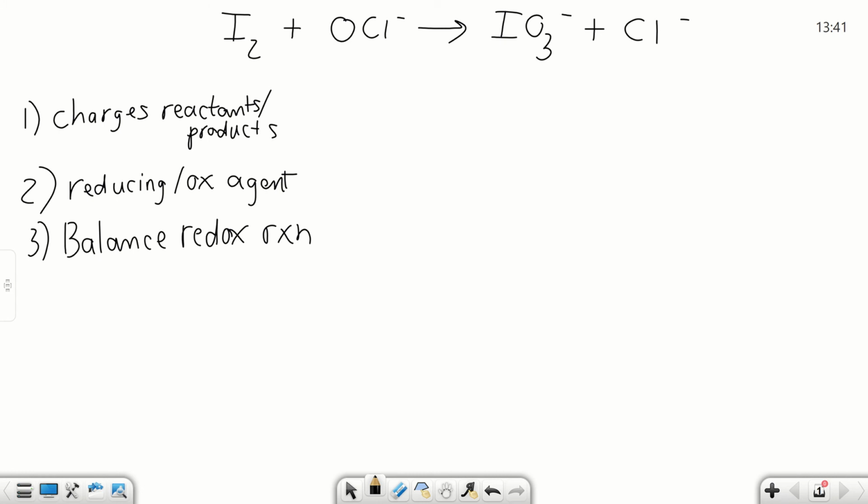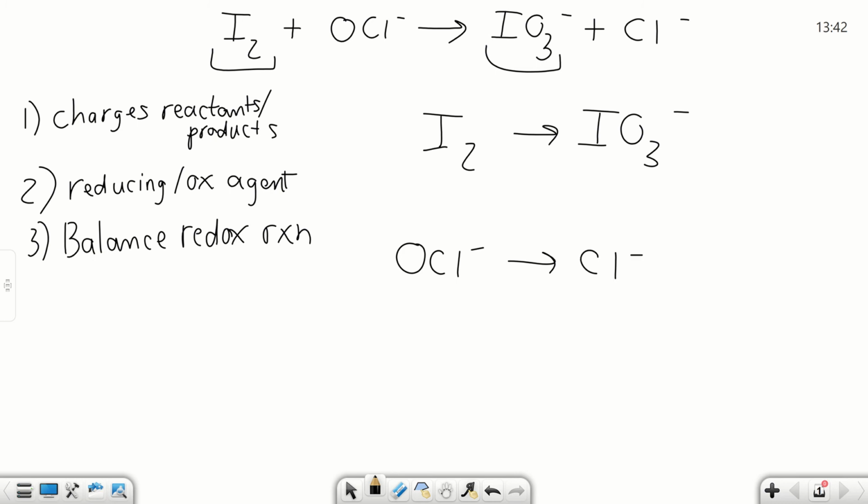That means write the reactions of the elements from the reactants to the products that look like they're the same, where, other than H and O, you put those together, and we separate this full reaction into 2 what are called half reactions. So we have I2 becomes IO3 minus, and then OCl minus becomes Cl minus. So those are my half reactions.